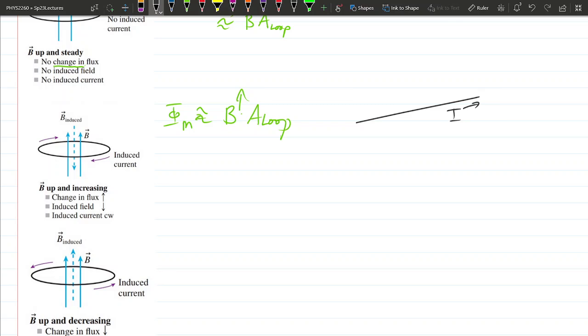Same thing here. If I know the induced magnetic field is curving this way, it's kind of solving the problem backward, I know that the current has to be going around this direction. That's the direction of the induced current.